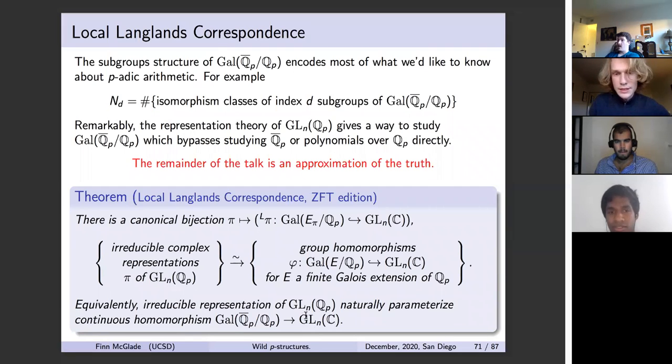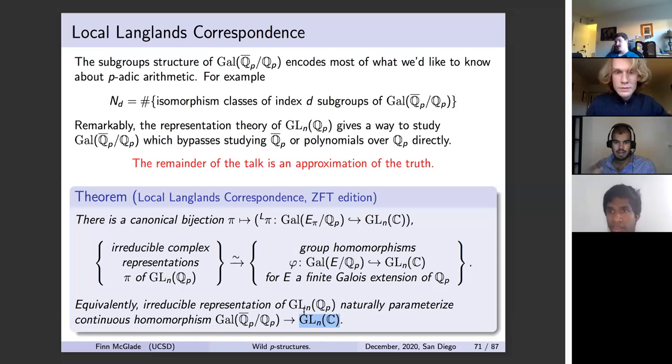The thing is that GL_N(C) is a complex Lie group, so its topology is totally incompatible with the topology here. But if I change this to something like GL_N(Q_p), all of a sudden the number of maps is going to be very different. Because these things have some topological compatibility with one another, you expect there to be way more homomorphisms from a group like this into GL_N(Q_p) than into GL_N(C).